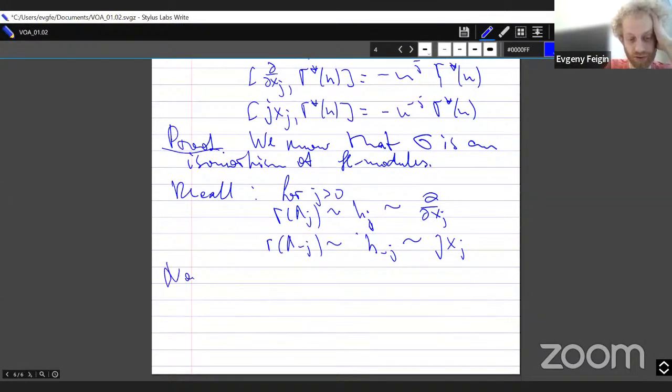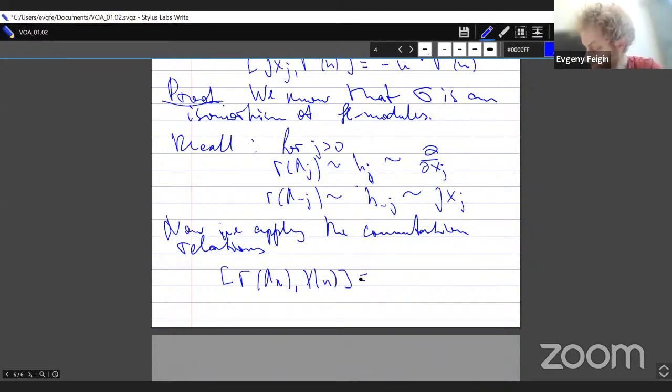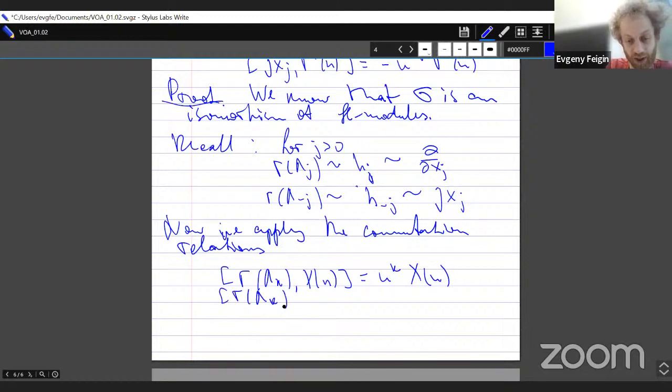the commutation relations of the form R of lambda k x of u equals u to the k x of u, just by what we've just seen, and similarly for R of lambda minus k.